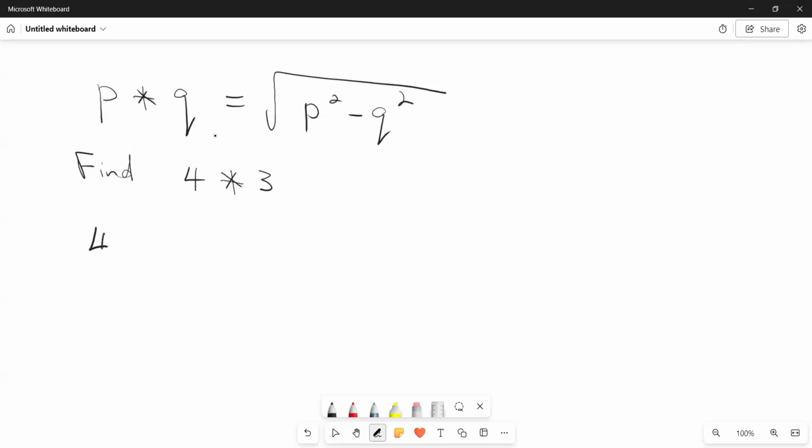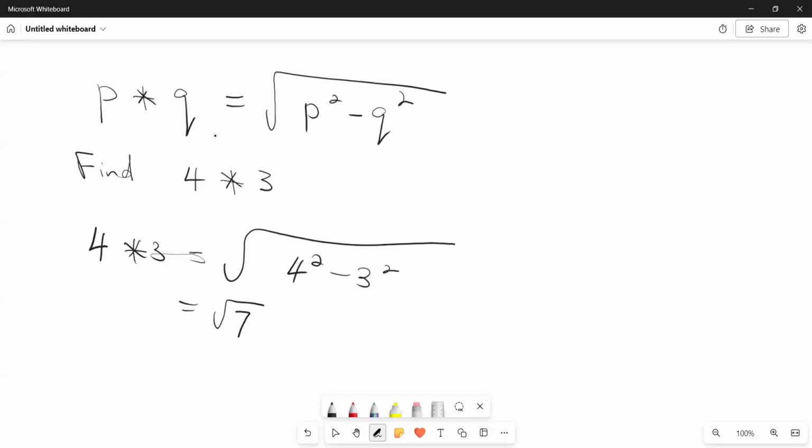That would mean 4*3 is equal to the square root of 4 squared minus 3 squared. You get 16 minus 9, which is how much? 7, square root of 7, right? If you want to write that as a decimal, it's okay, but you can stop here.